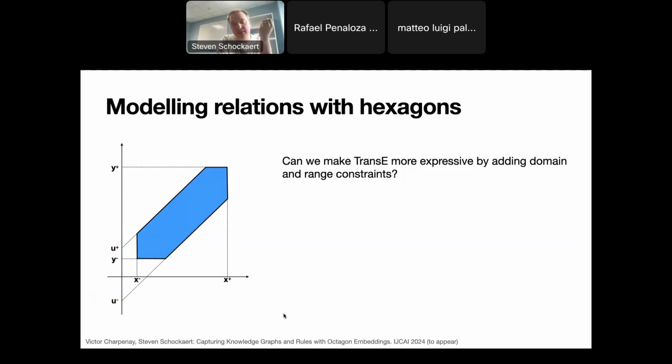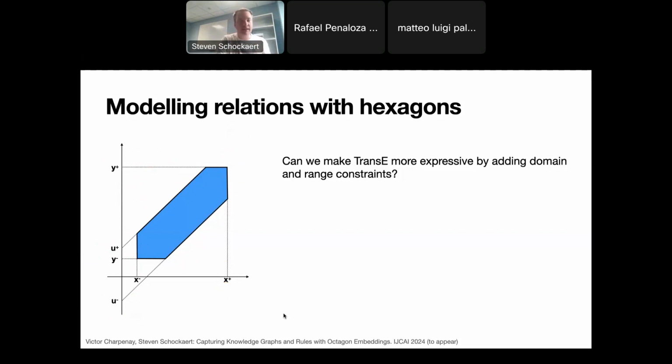So we're going to add 4 more constraints. The domain constraint is the x value, so the embedding of the first entity, the head entity in the triple, is bounded between x minus and x plus. And then the range constraint is that the y value is bounded by y minus and y plus. So that gives us a region which is a hexagon.